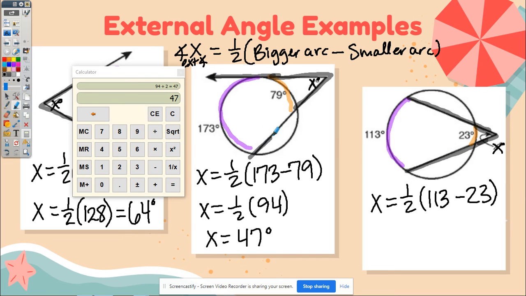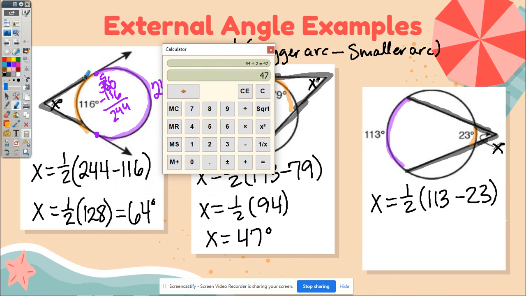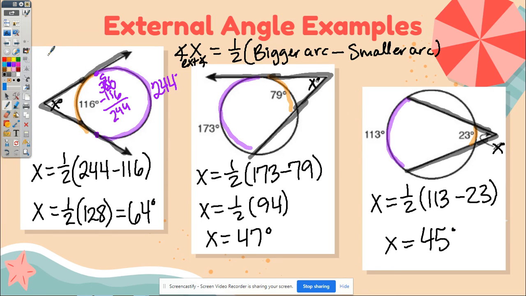That's what I'm trying to say about all of these. So if you were to do the math on this one, we just are going to subtract, then divide, and you get 45. Those are your external angle examples, and don't forget that this is the easier formula to memorize.